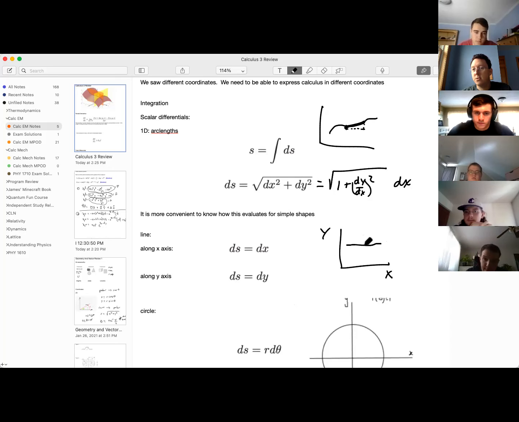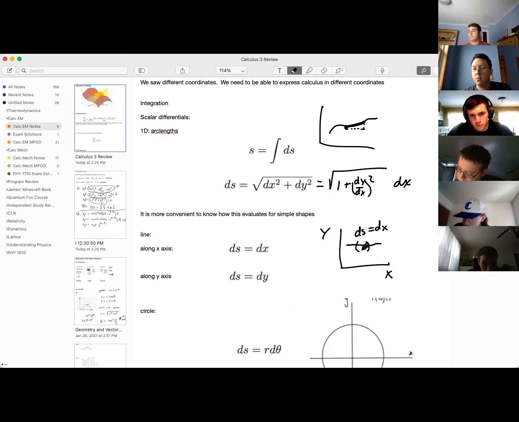Not at all. So dy along this curve is just 0, which means ds is just dx. So ds, a tiny bit of line segment, is just dx when it's parallel to the x-axis.